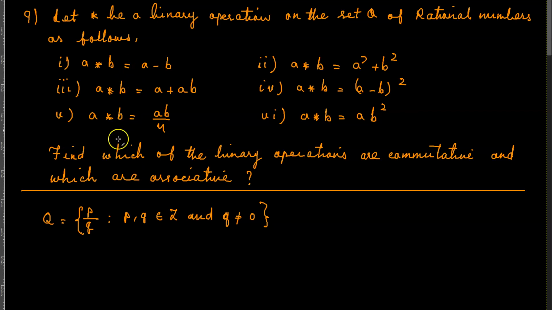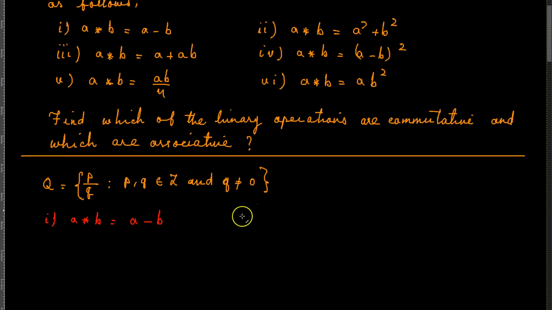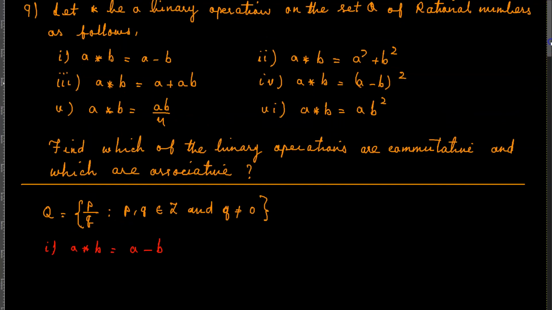So now part 1 of this question is A star B is equal to A minus B. Of course, subtraction is not commutative. For example, suppose that you have two numbers in the set of rational numbers, 1/2 and 1/3.